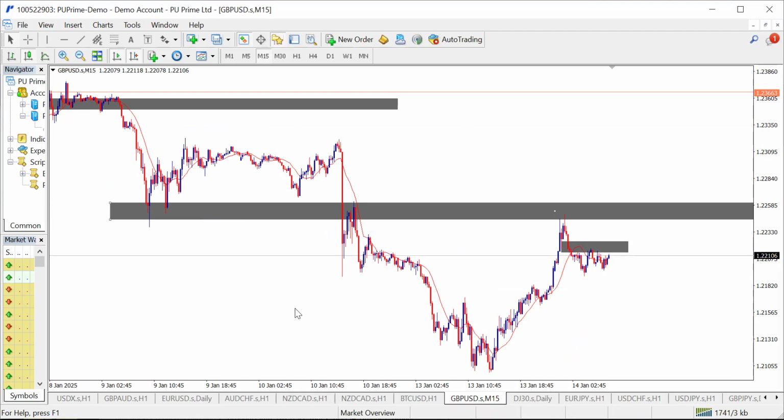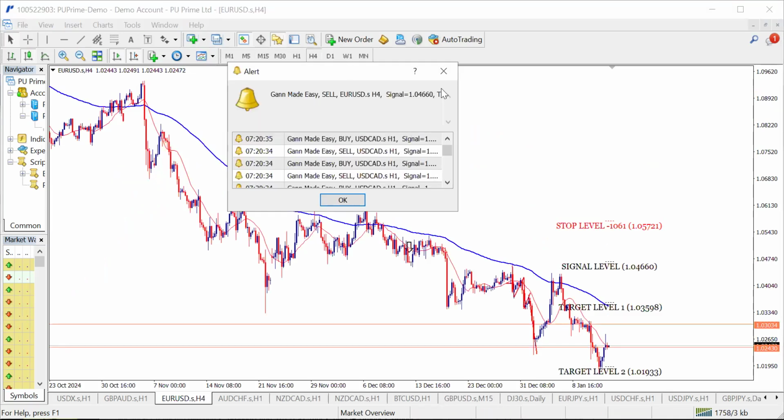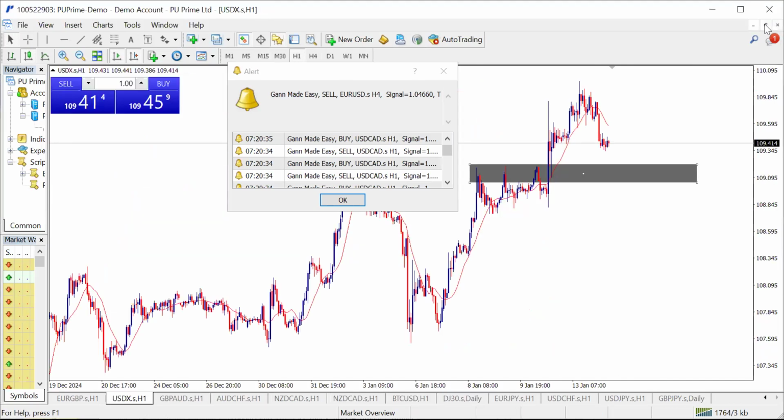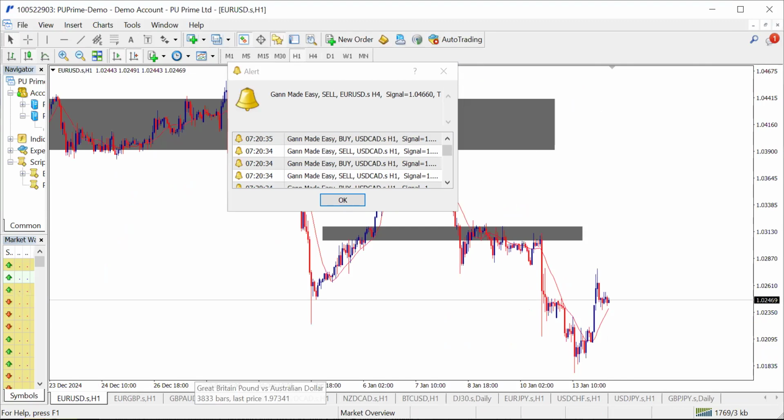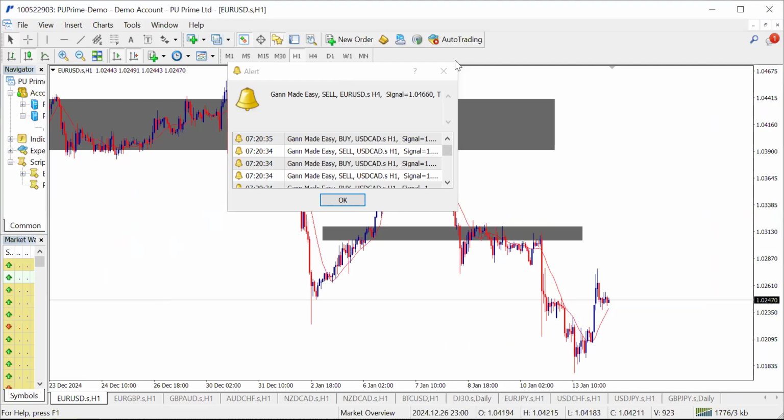So the last currency pair I'm going to consider before we call it a day is going to be Euro USD.